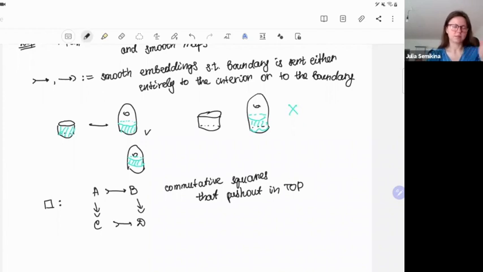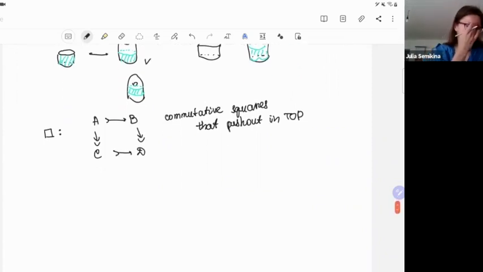So it means that if I look at some commutative square, the gluing result has to be a manifold again. And gluing means in the topological sense. So an example of such a square would be, for example, like this.